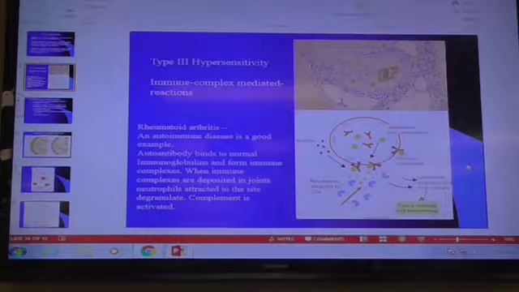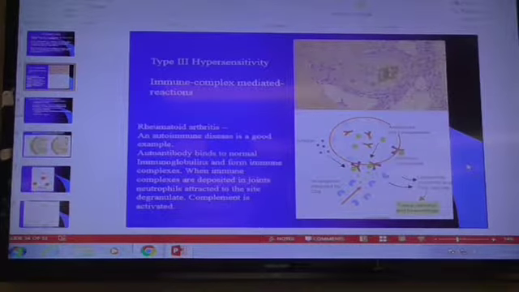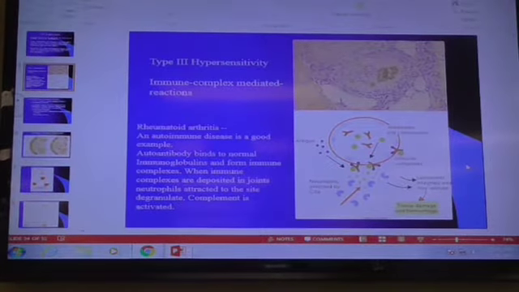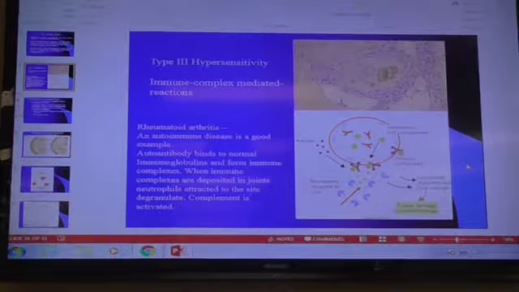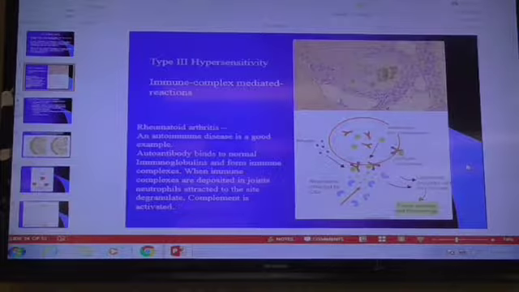Other examples of type 2 hypersensitivity: some viral infections, such as equine infectious anemia in horses, can bind to the red blood cells, and antibodies can then go and lyse those red blood cells that are binding the virus. Some drugs also can do that.